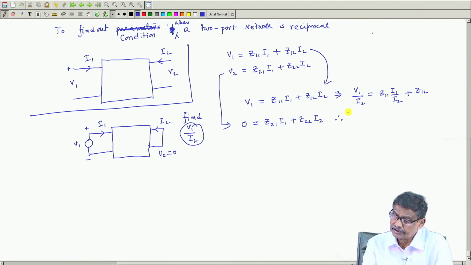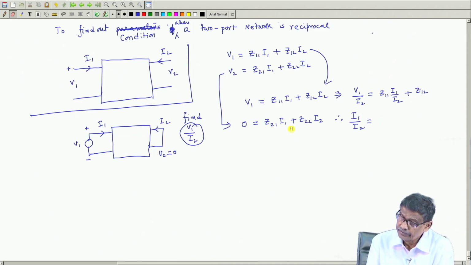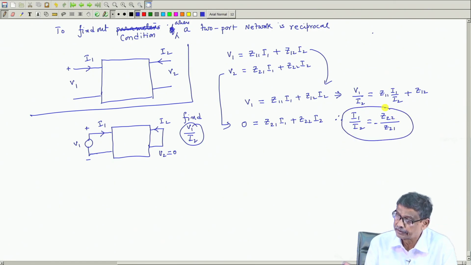Therefore, from this I can say that I 1 by I 2 will be equal to minus Z 2 2 by Z 2 1. Correct me, it will be different: I 1 by I 2 is minus Z 2 2 by Z 2 1, this is correct.